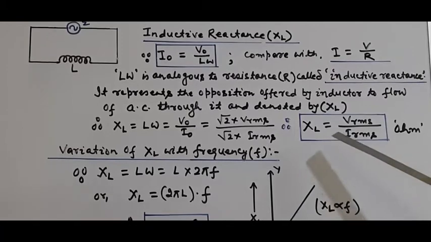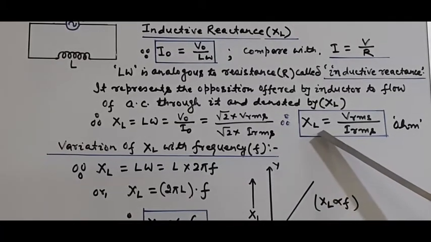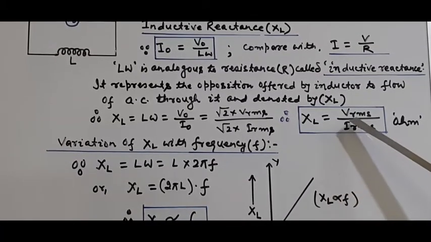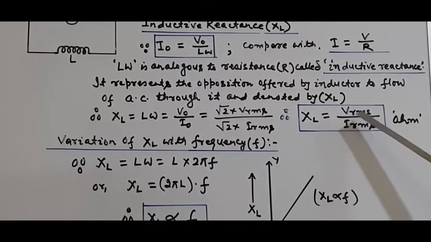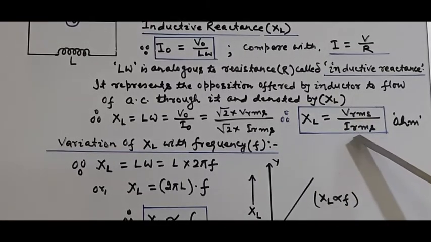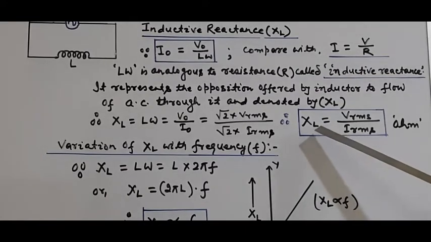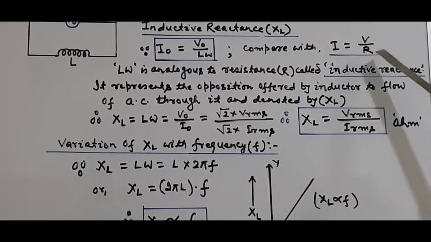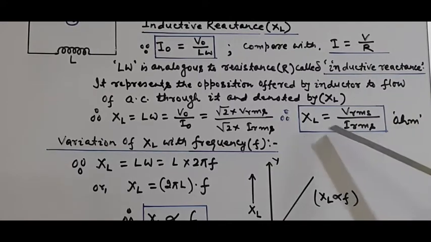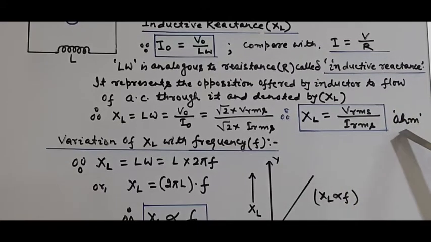So inductive reactance can be measured by the ratio of the RMS value of voltage to the corresponding RMS value of the current, and the SI unit of XL is the same as the SI unit of resistance, that is ohm.